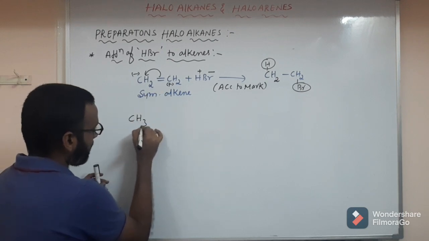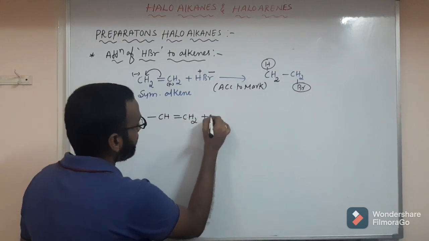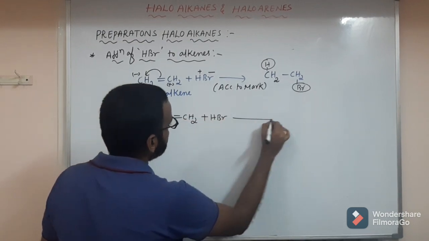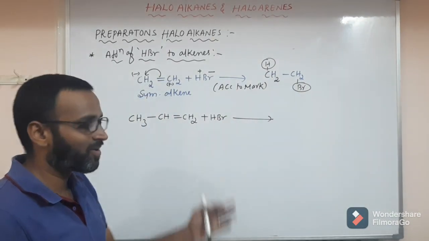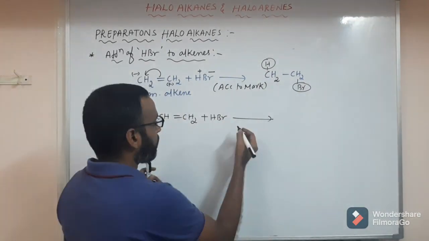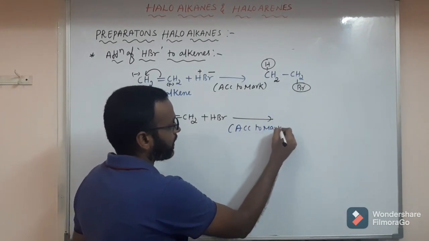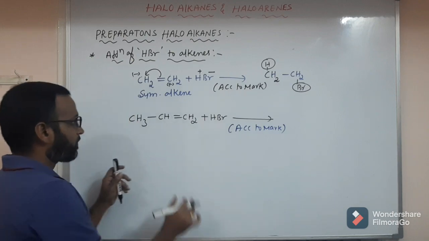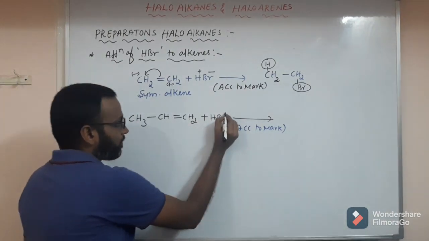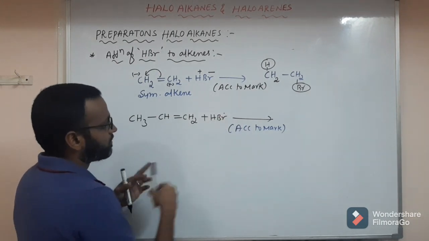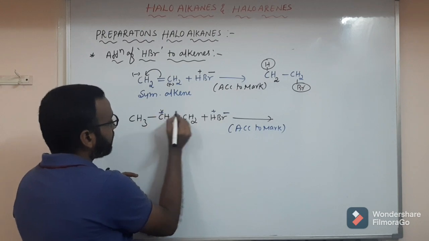Suppose I am taking unsymmetrical CH3, CH double bond CH2, and I am adding HBr in presence of nothing. Nothing is there on the arrow, which means we are following Markovnikov rule. That means you have to see that the negative species, this Br minus, should add to the double bonded carbon.